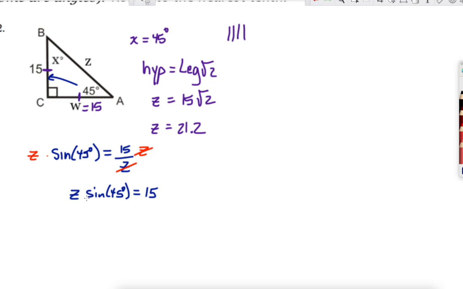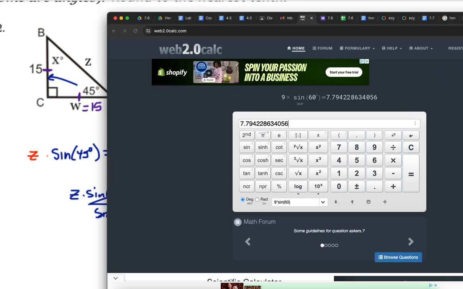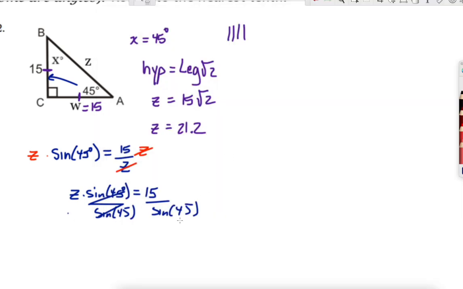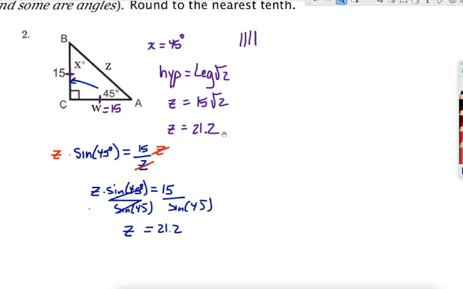I have to get rid of the multiplied sine 45 by dividing it. Calculator, 15 divided by sine of 45, 21.2. Same as what we got there.